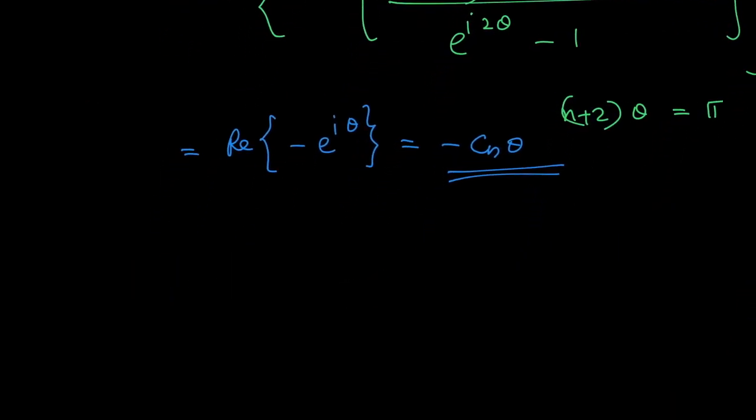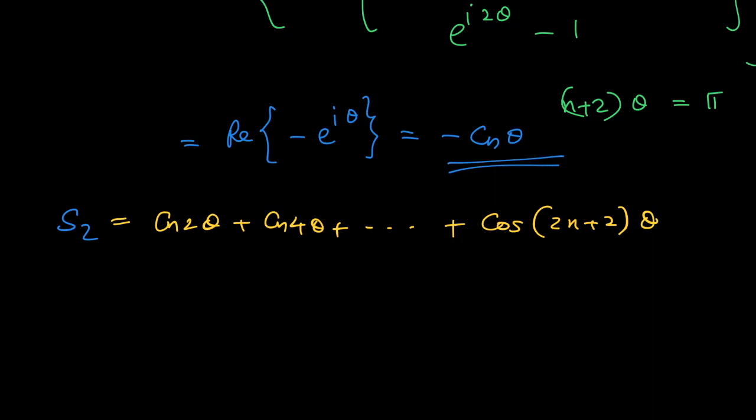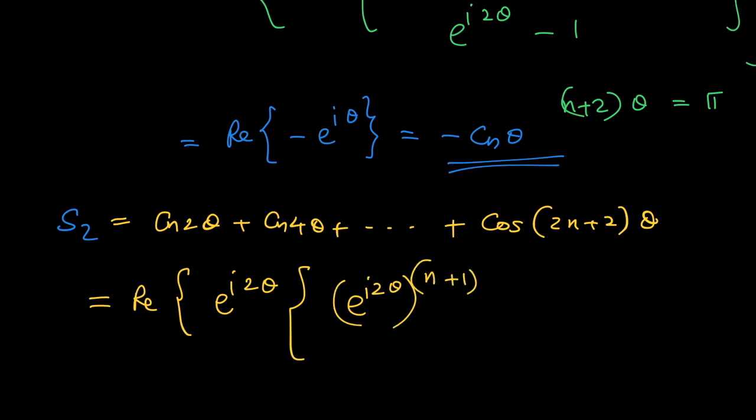And similarly, the second sum, S2, was cos 2 theta plus cos 4 theta up to cos of 2n plus 2 theta. So this will be a real part of e raised to i 2 theta, the first term, into common ratio raised to number of terms minus 1 by common ratio minus 1.